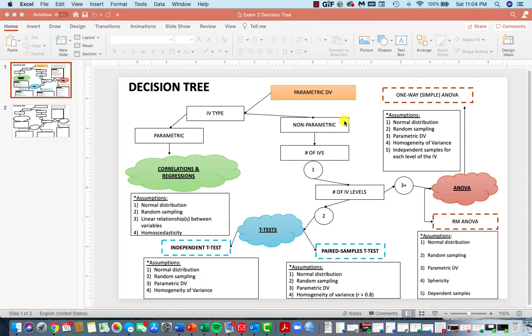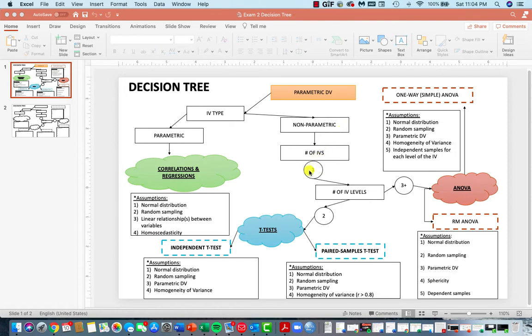So just to go over the flowcharts for t-tests, for t-tests we're going to have a single parametric dependent variable. Looking into our independent variable type, it should be classified as non-parametric or nominal data.